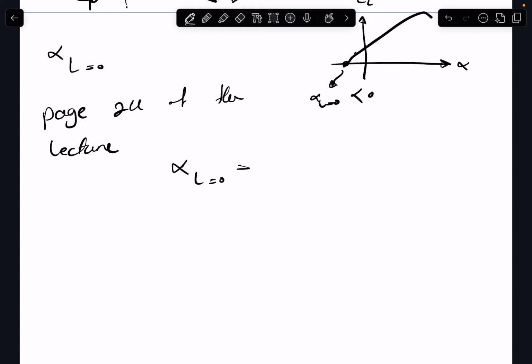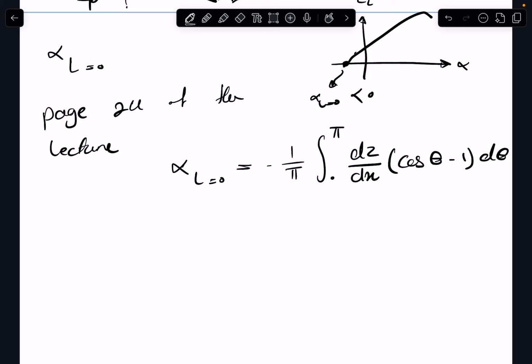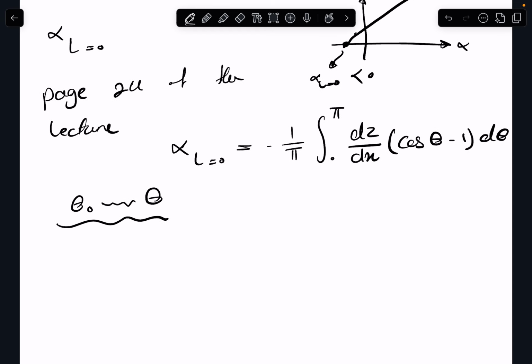Alpha at L equals 0 is equal to negative 1 over pi, integral from 0 to pi of dz dx times cosine of theta minus 1, d theta. Sometimes in the equation you see a theta naught instead of theta. It's essentially the same thing, and there is no difference that you should concern yourself with. So this is the equation for zero lift angle of attack.